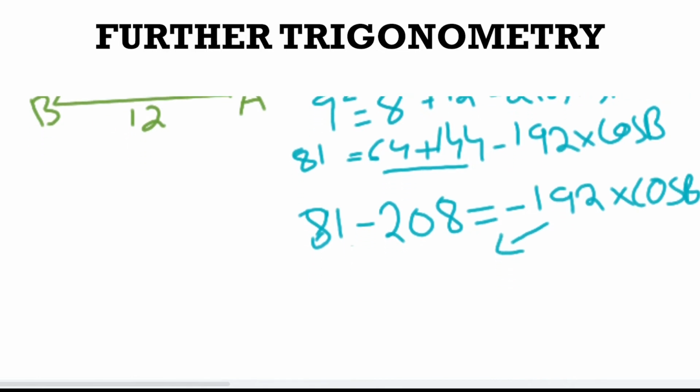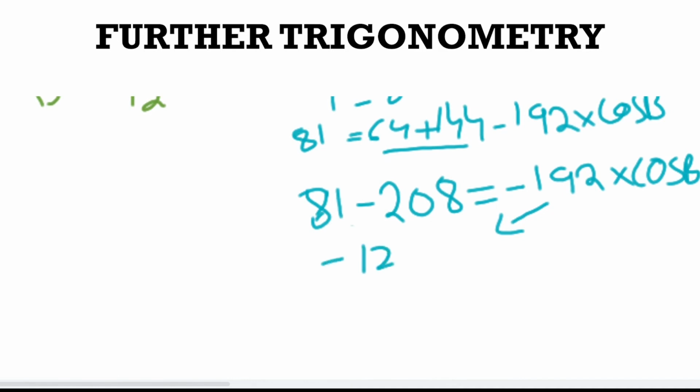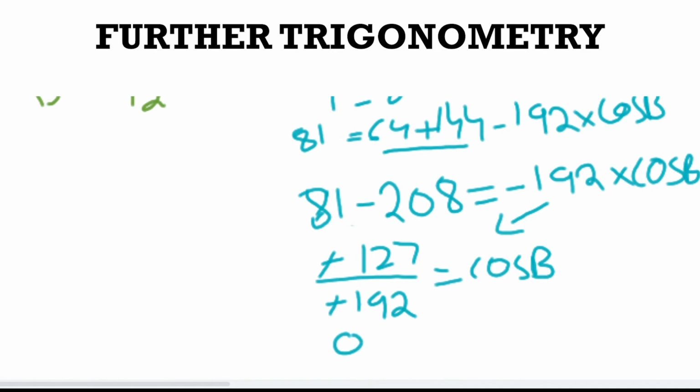So it will be written as minus 127 upon minus 192 equal to cos B. Next we will cancel these signs, and then we will divide this. So it is coming out to be 0.66 is equal to cos B.